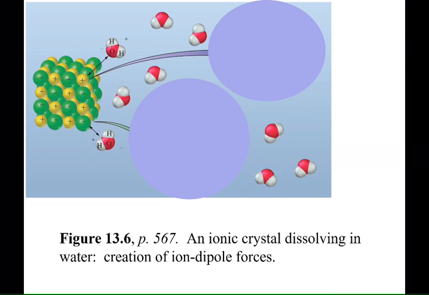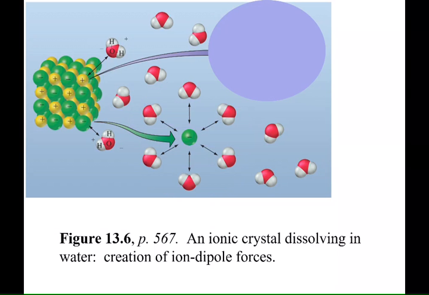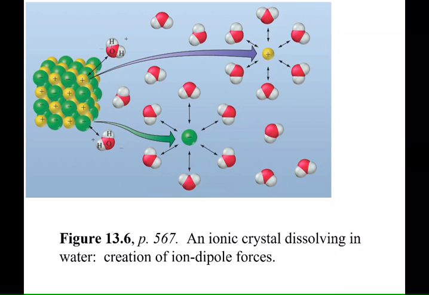And so what happens is the hydrogens carry the partially positive parts, and those partially positive bits then surround your negative anion, and the oxygen atoms carry the partially negative, and they surround your cations. So that works. This is how sodium chloride would dissolve.